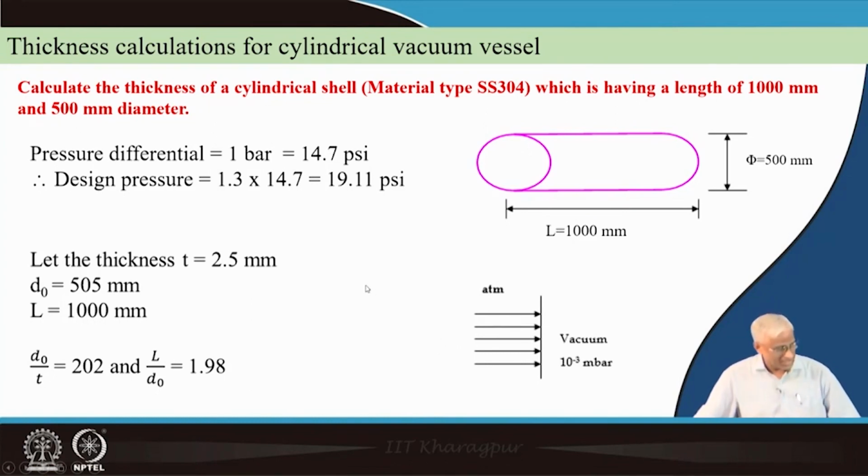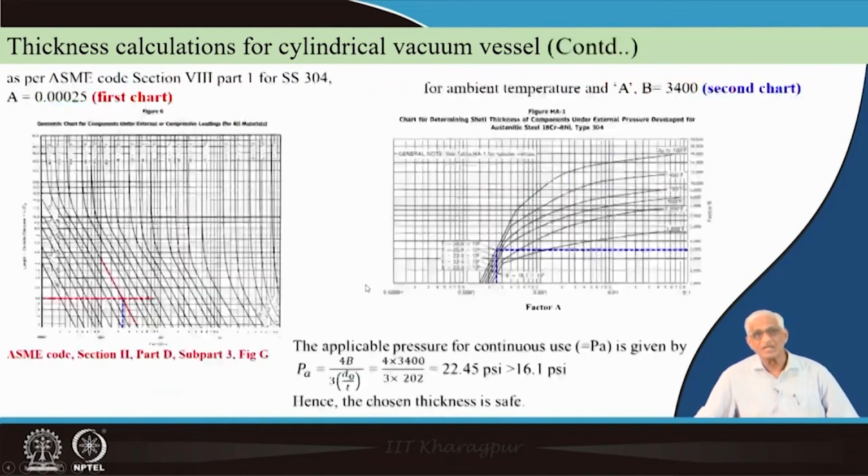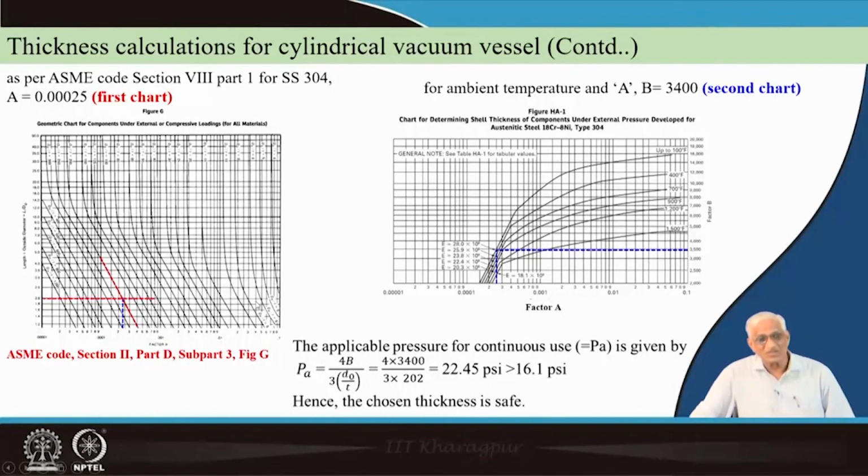Okay. So, with these input parameters, we have two charts. Don't get scared by these complicated charts. They are very simple charts. One is a chart dealing with dimensions. The other is dealing with the materials and temperatures.